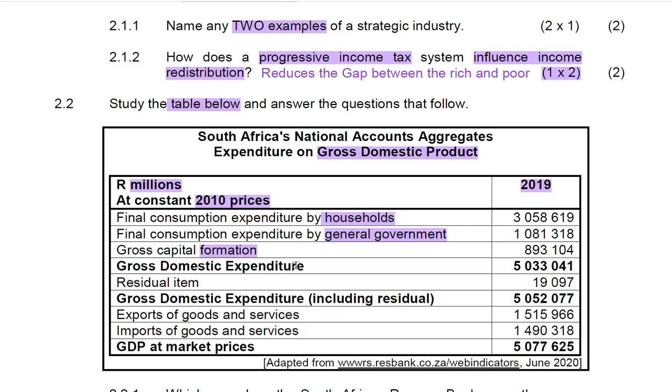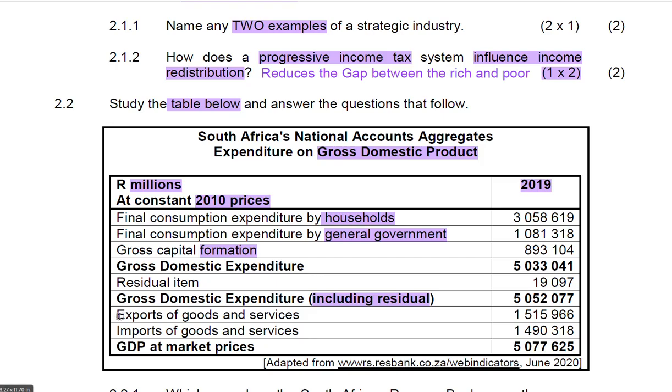So that is gross domestic expenditure. To get gross domestic expenditure, it is a combination of gross capital formation, general government expenditure, as well as household expenditure. So when you add everything, then you get what we call gross domestic expenditure. Then you have a residual item, which is a little bit small, it's likely 19,000, and you're looking at gross domestic expenditure, including the residual.